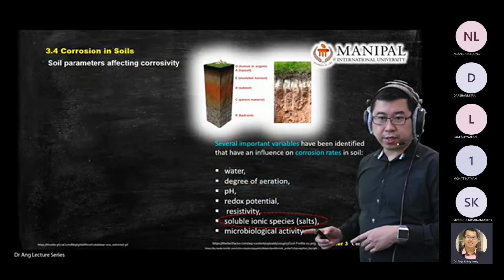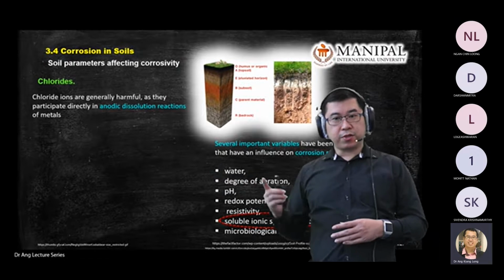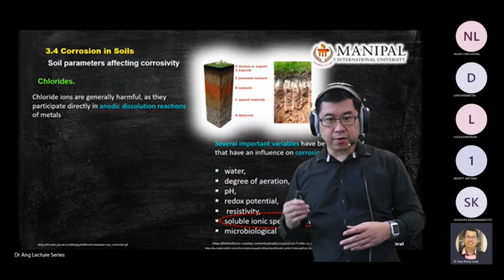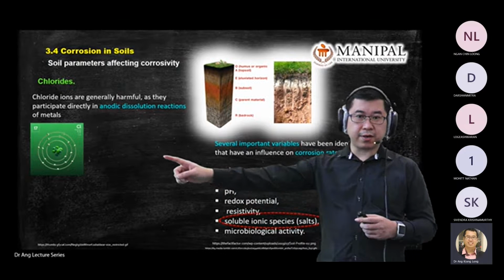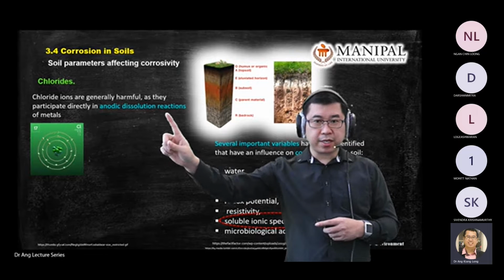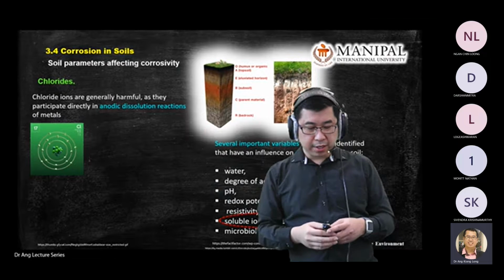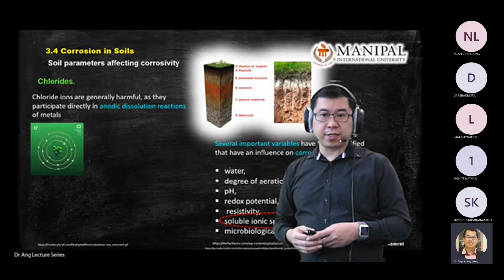Next is on the ionic species, the salt. I will just give you one example that we mentioned just now, Cl, our friend. Cl will take part in the anodic dissolution reaction of metals, which we also covered in chapter 2 of this module.